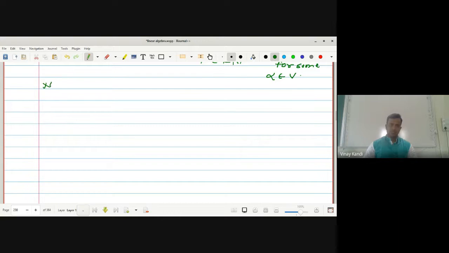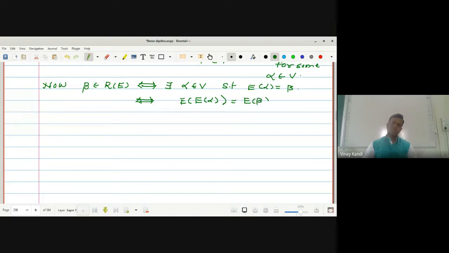Okay, look at it. Now take this beta belonging to the range space of E. So this implies there exists alpha belonging to V such that E of alpha is equal to beta. Is it correct? Yes, sir. Okay, apply E on both sides again. E of E of alpha, take its projection again, is equal to E of beta.